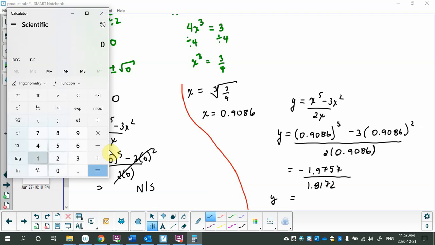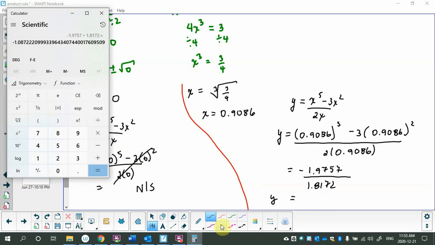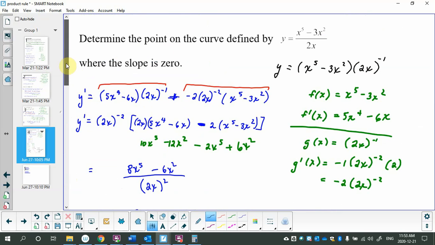Super inaccurate because every time I clear this out and round, I'm creating inaccuracies. Negative 1.09. Let's go 2 decimal places. Negative 1.09. All right, so read the question again.